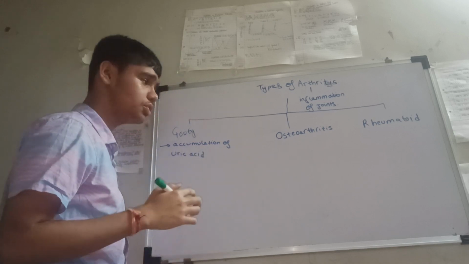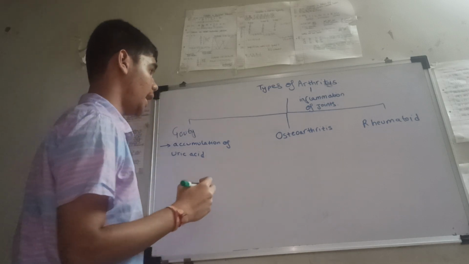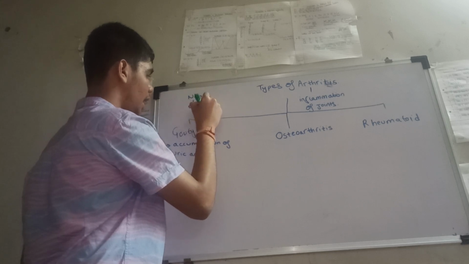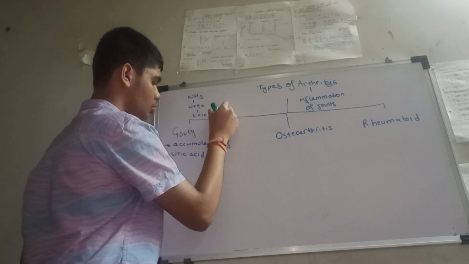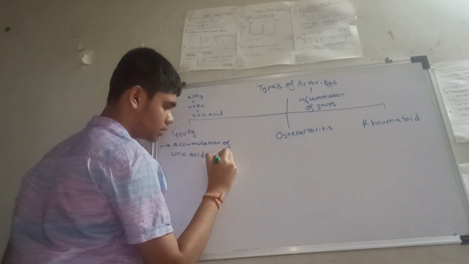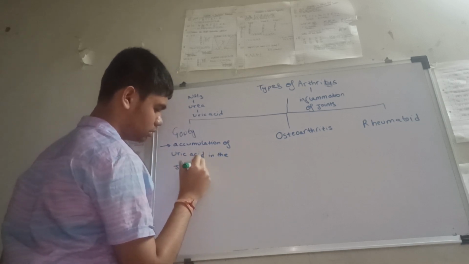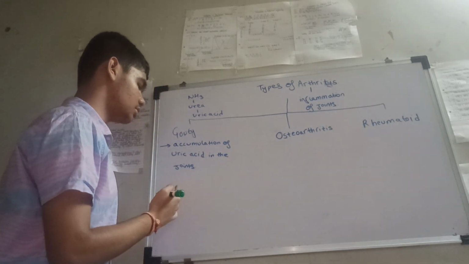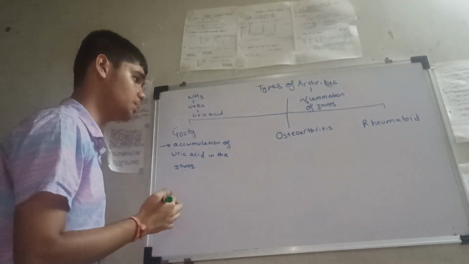So in the excretion chapter we have studied that ammonia is converted into urea, and urea itself is converted into uric acid. So the accumulation of uric acid in the joints leads to gouty arthritis. So it's a common type of arthritis which is seen in all age groups.